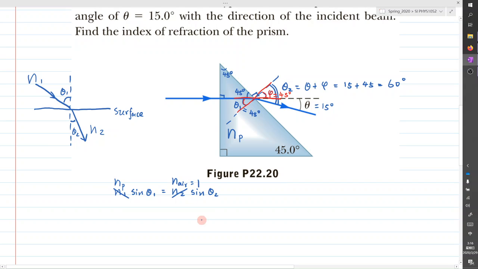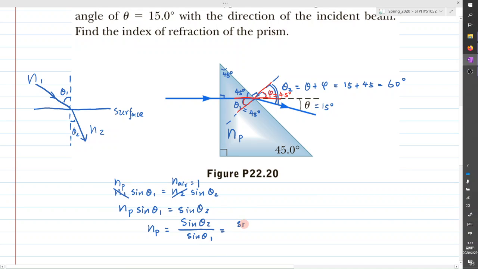which equals 1. So now our equation looks like n sub p sine theta 1 equals 1 times sine theta 2. Theta 1 equals 45 degrees, theta 2 equals 60 degrees. We get n of p equals sine theta 2 over sine theta 1.